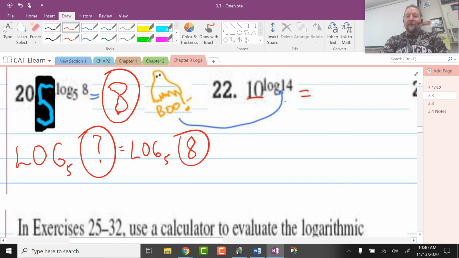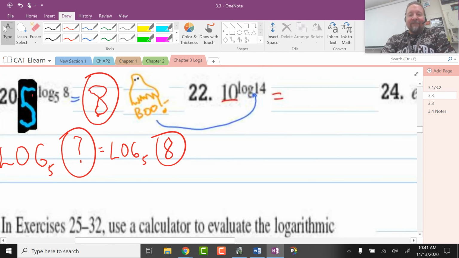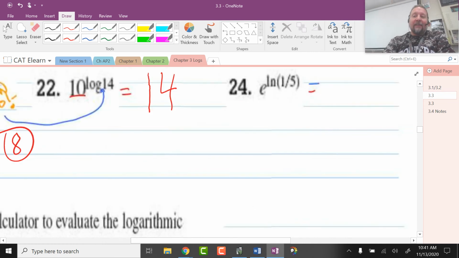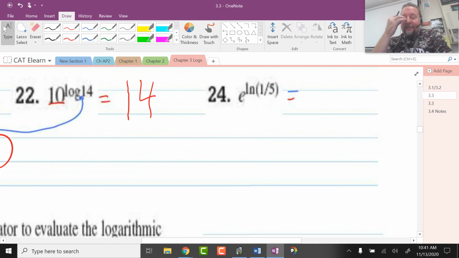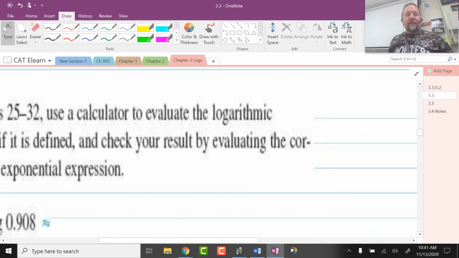Yep, that's 14. And then e to the log base e of 1/5. That's 1/5, just that crazy little rule that we actually analyzed and solved.